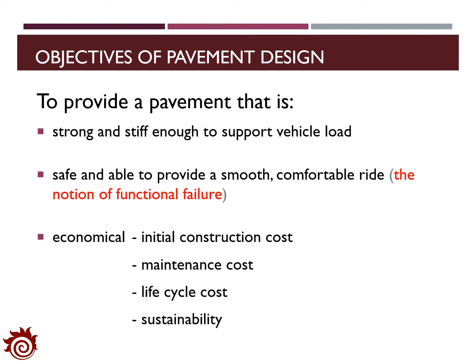And finally, the cost of the pavement is always very important. In the pavement design, there are several types of cost: the initial construction cost, maintenance cost, and life cycle cost, and also we want the pavement to last for a longer time. It should have good sustainability.